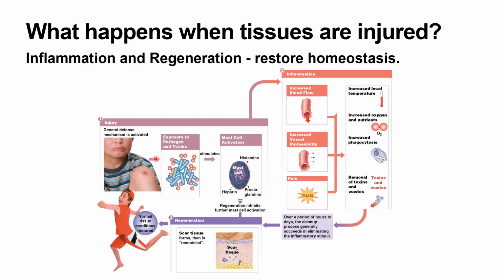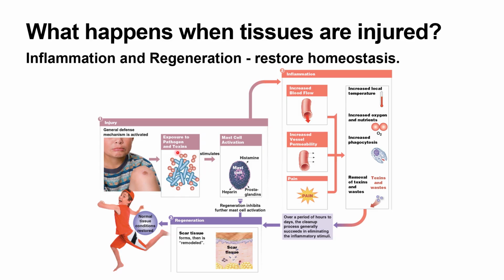And what's going to happen first is we have a general exposure to external pathogens and toxins. So this is a big reason why whenever we have an external wound, we want to make sure that we clean it first to help decrease this chance of having an external infection.